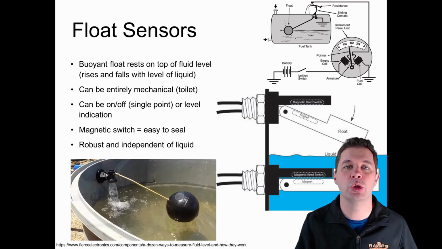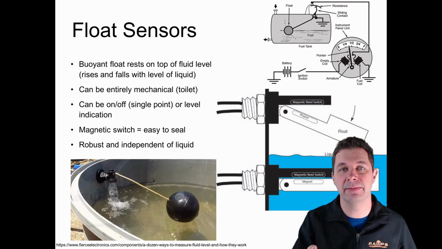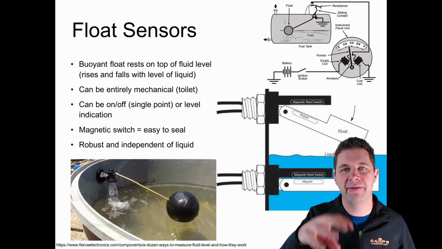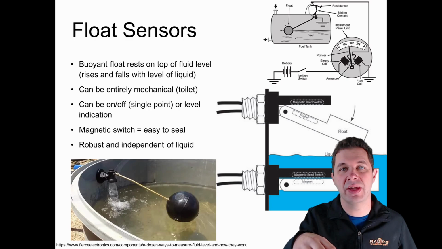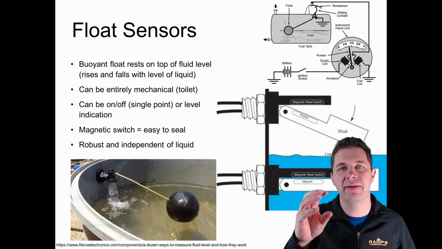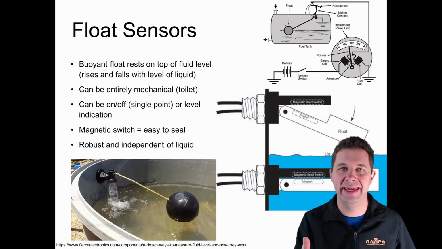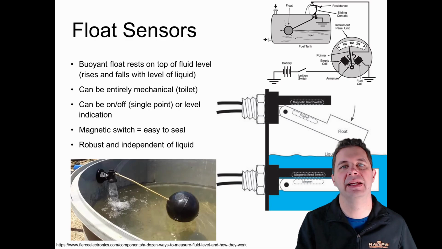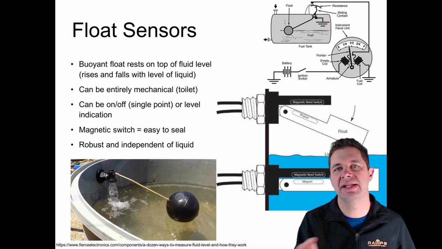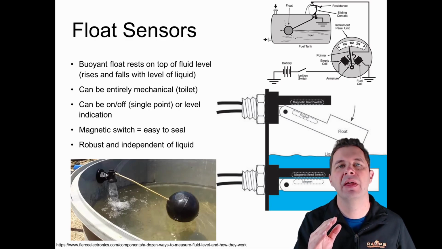If you take the lid off your toilet, you'll see within the system there's often a float sensor that detects whether your water's come up to the right level, and at that point it stops the incoming water from coming into your toilet and filling it up. So that's a completely mechanical approach that uses this float sensor to shut it off.